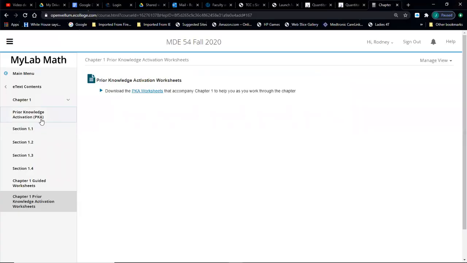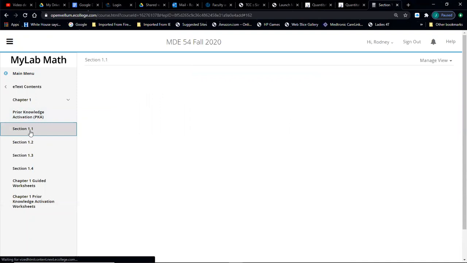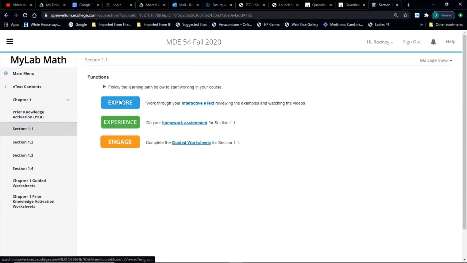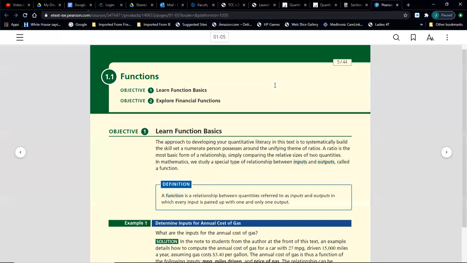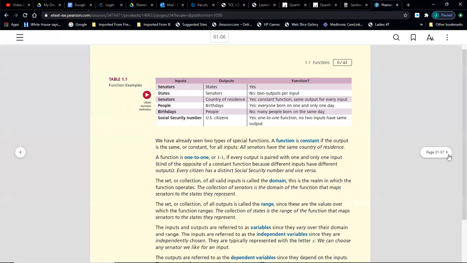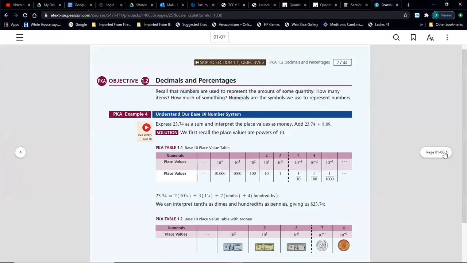All right. When you're in your textbook, especially the first 4 chapters, I don't think there's any after Chapter 4. So if I just open it up to the first page of 1.1, you see it's green, but as I go right, all of a sudden some stuff goes purple and you'll see this PKA symbol, prior knowledge assessment.